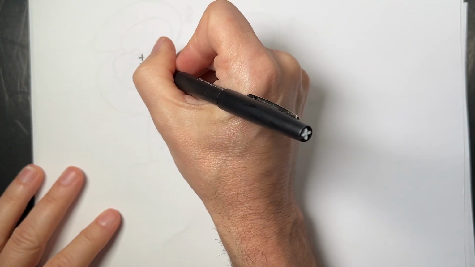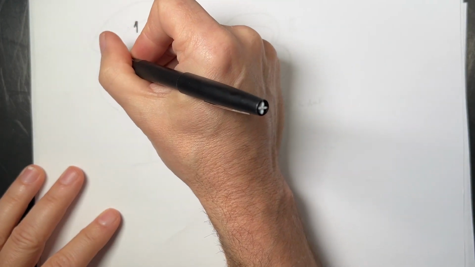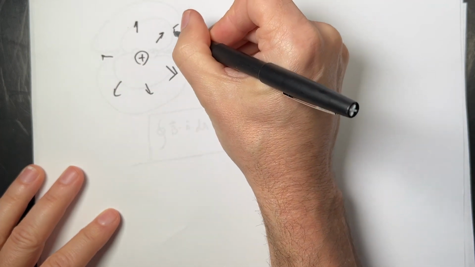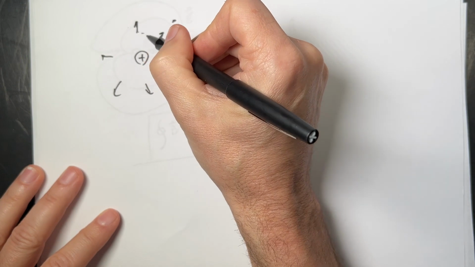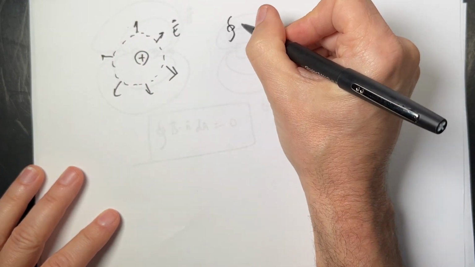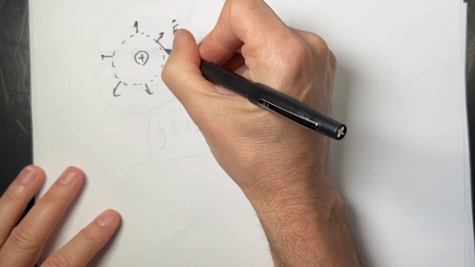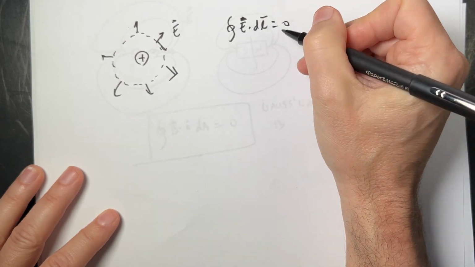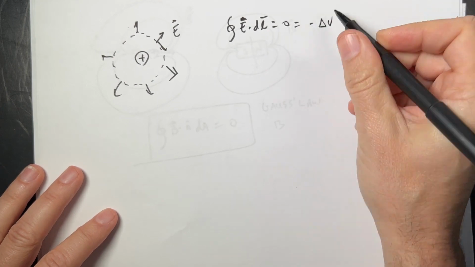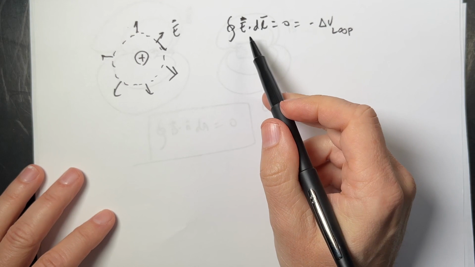Remember, if I have a charge Q right there, and it makes an electric field, and if I now integrate around a closed loop, let's do a circle because it's easy, the integral of E dot dl, where dl is the direction, is 0. This is the same thing as negative delta V around a loop. We already said that. E dot dl around a loop is 0.